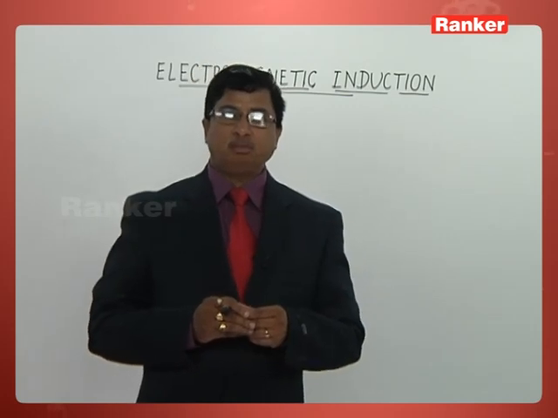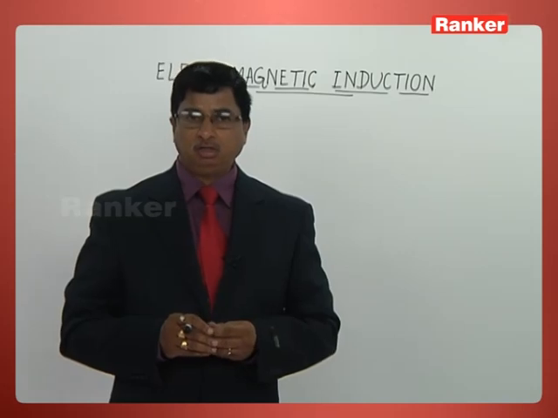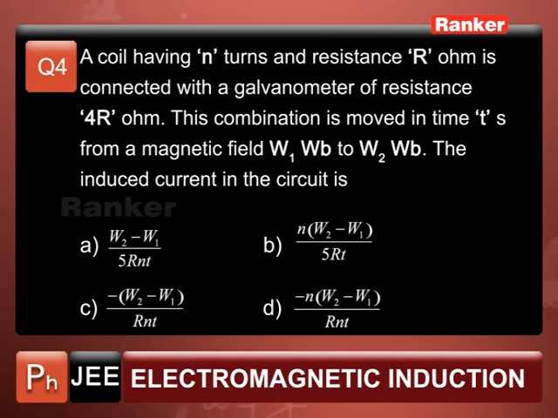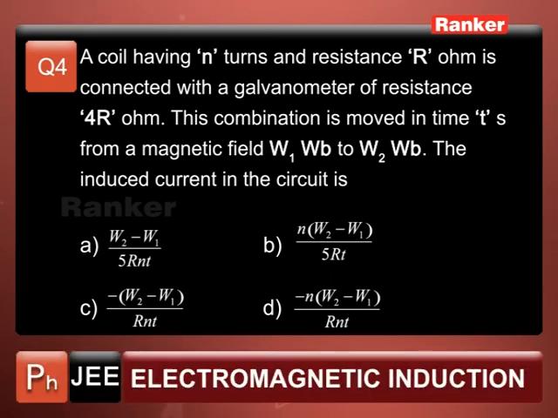Let us check the next problem, which in fact has been asked in one of the IIT-JEE papers. A coil having n turns and resistance R ohm is connected with a galvanometer of resistance 4R. This combination is moved in time t seconds from a magnetic field W1 Weber to another field W2 Weber.